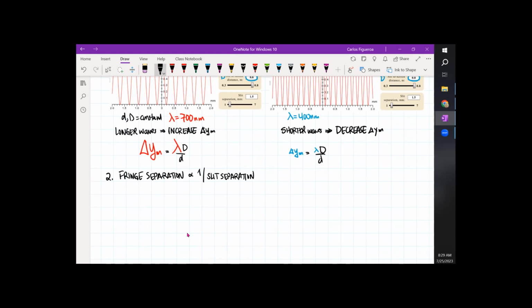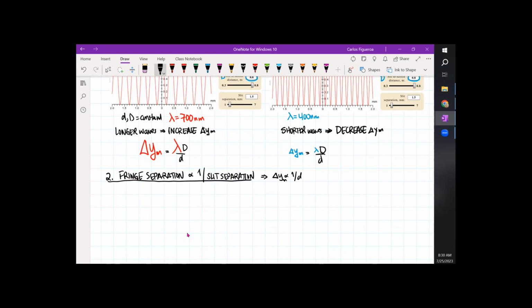Again, this is really telling me that the adjacent fringe separation is proportional to 1 over little d. So then here I go, I'm going to start the same thing.